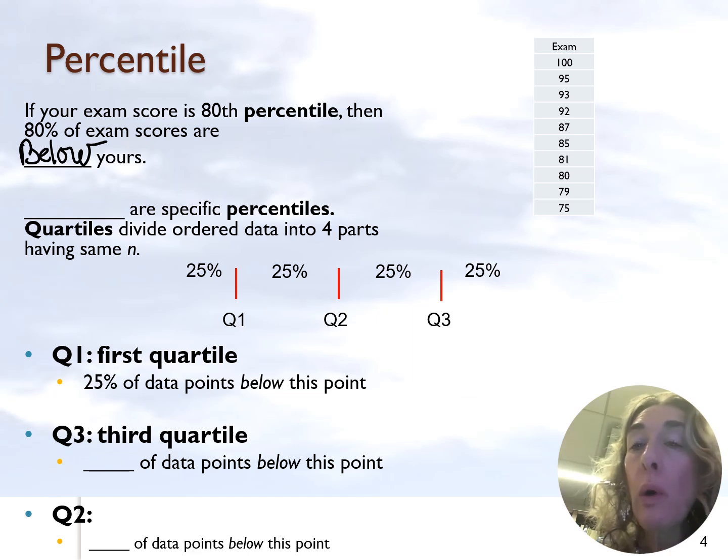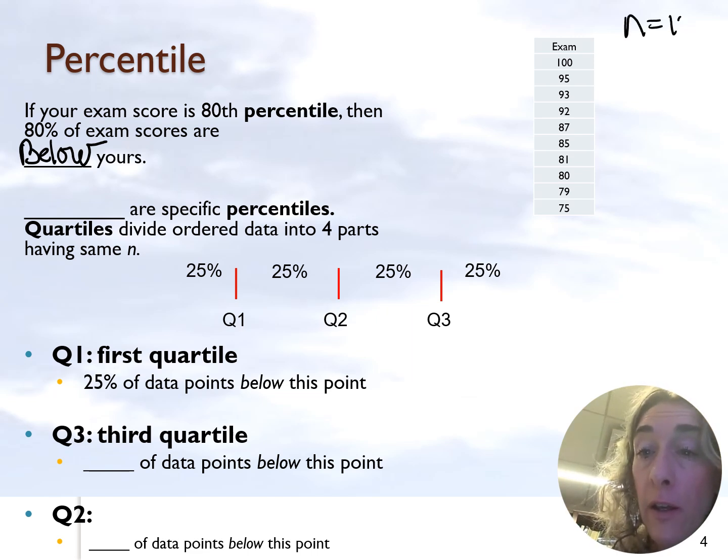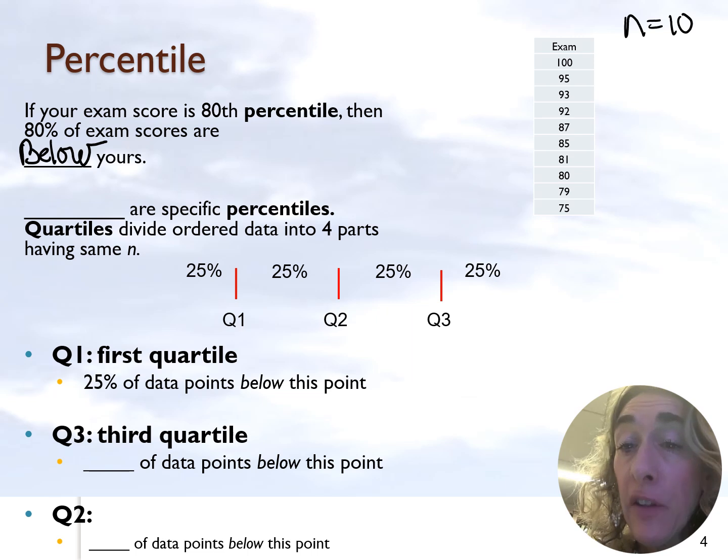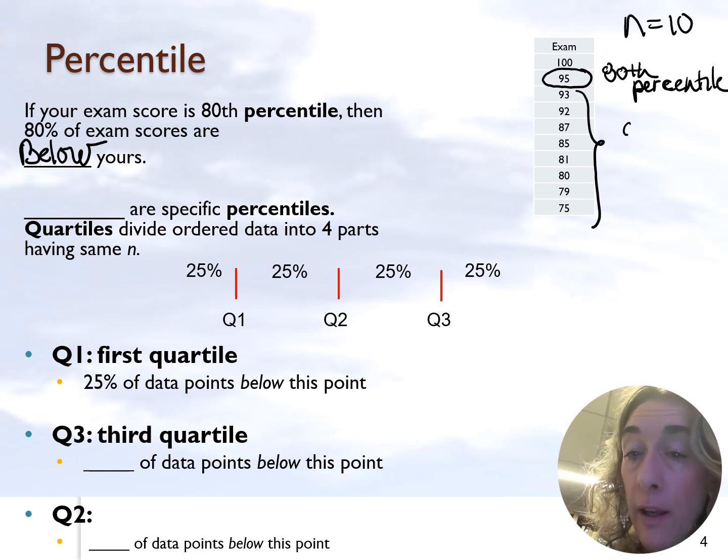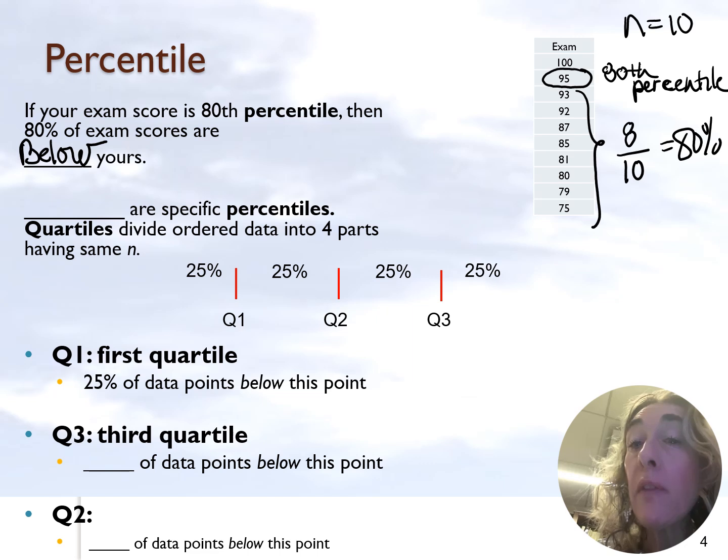I have some exam data here on the right, and there are 10 scores, a sample size of 10. The 80th percentile is right here at the score of 95. That's because 8 out of 10 of the scores, or 80% of them, are below the score of 95.